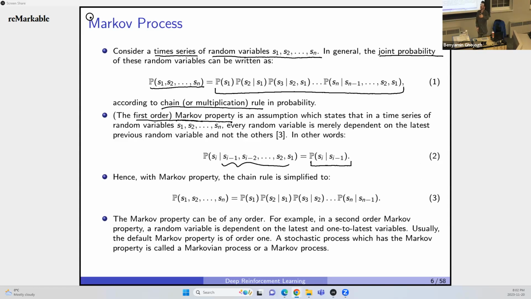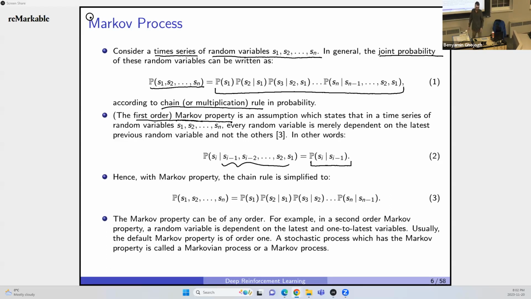We can also have second order Markov property, saying that for every Si, only condition on its two previous time steps. So for Si, only condition on S(i-1) and S(i-2), and not the ones before that. So second order, third order Markov property. But the intuition is interesting when we have a time series.